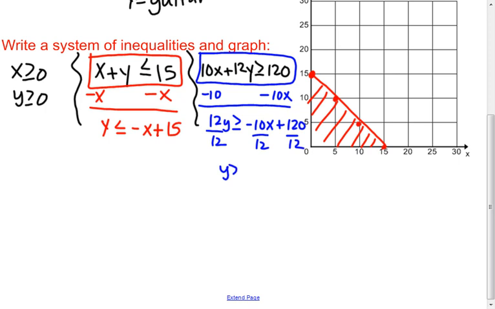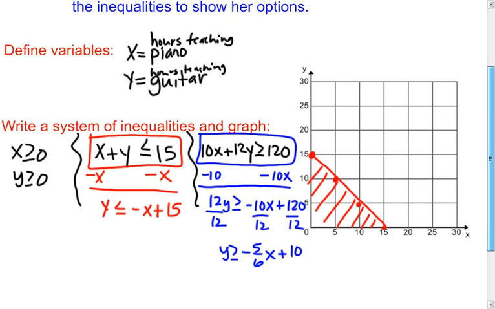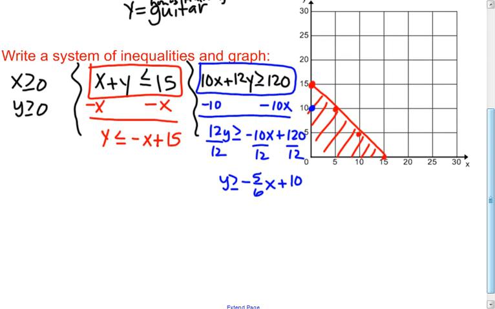And I'll have y is greater than or equal to negative 10 twelfths, which reduces to negative 5 sixths x, plus 120 over 12, which is 10. Okay, so I want to graph that one. It crosses the y-axis at 10. It has a slope of negative 5/6. So down 5 and right 6.